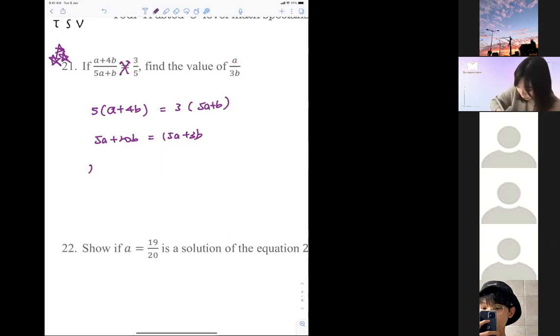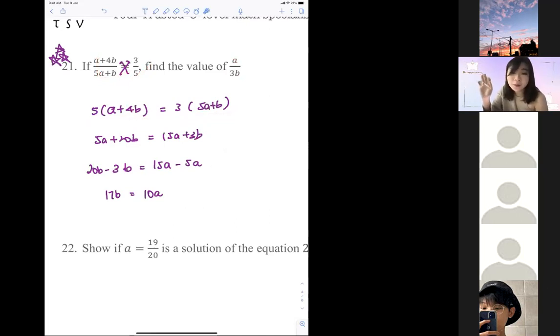I'm trying to make as little negative as possible. Then you simplify. So I say again, break the fraction, cross multiply, expand, A one side, B one side. Then you simplify and you will get something like that.